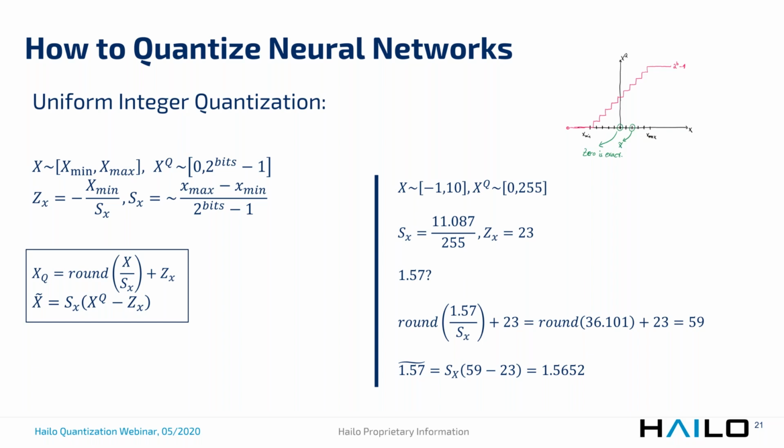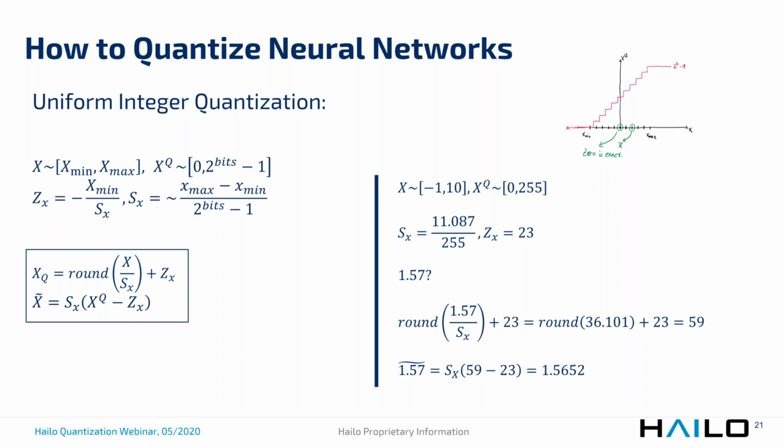And then the second equation is the inverse conversion, when we want to convert from the integer back into the real number. So let's look at the numeric example, and I hope it will make it more concrete. We have our range, which is -1 to 10, and we want to convert this range and represent it with the numbers that are between 0 and 255.